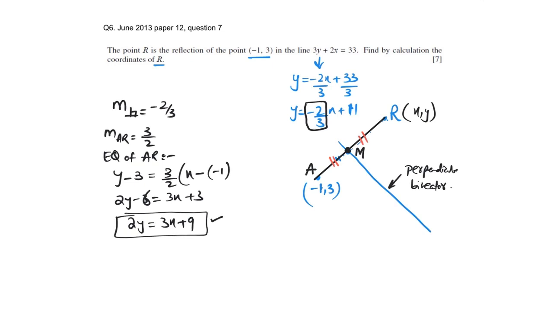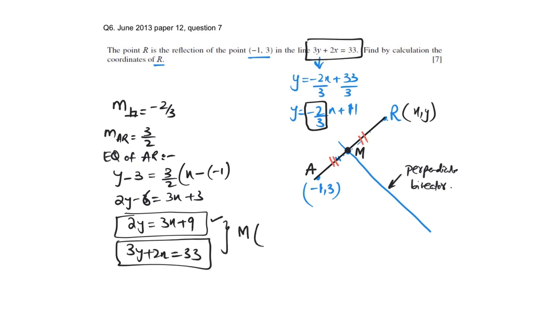Now you have the equation of AR, you also have the equation of the perpendicular bisector. You know that these two equations intersect at point M. So you can solve them simultaneously and get the coordinates of M. So let me solve it simultaneously. M has a coordinate of 3 comma 9.